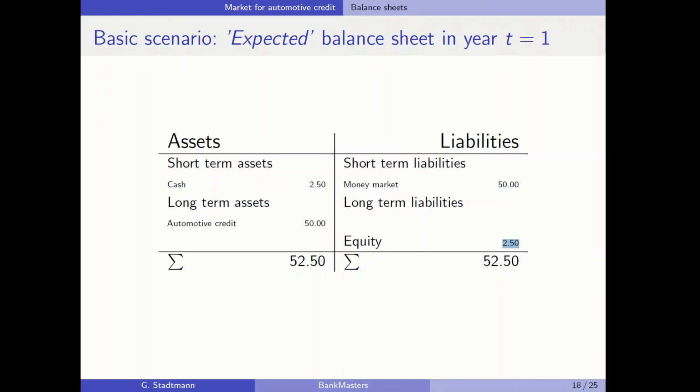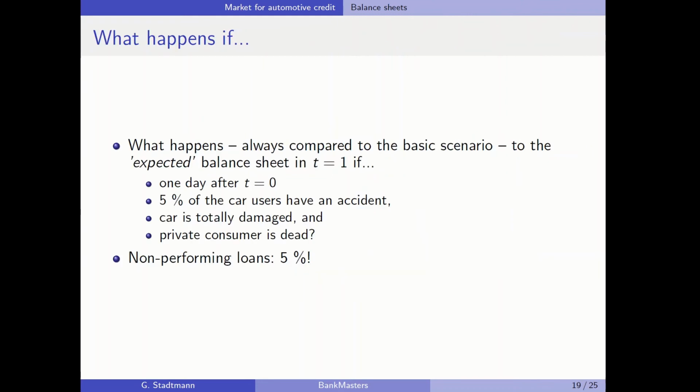This is the first part, and we solved all the questions so far. But now we can do a short sensitivity analysis. For example, we could ask ourselves, always compared to the basic scenario, what happens to the expected balance sheet in case that 1 day after t equal to 0, 5% of the car users have an accident, the car is totally damaged, and the private consumer is dead.